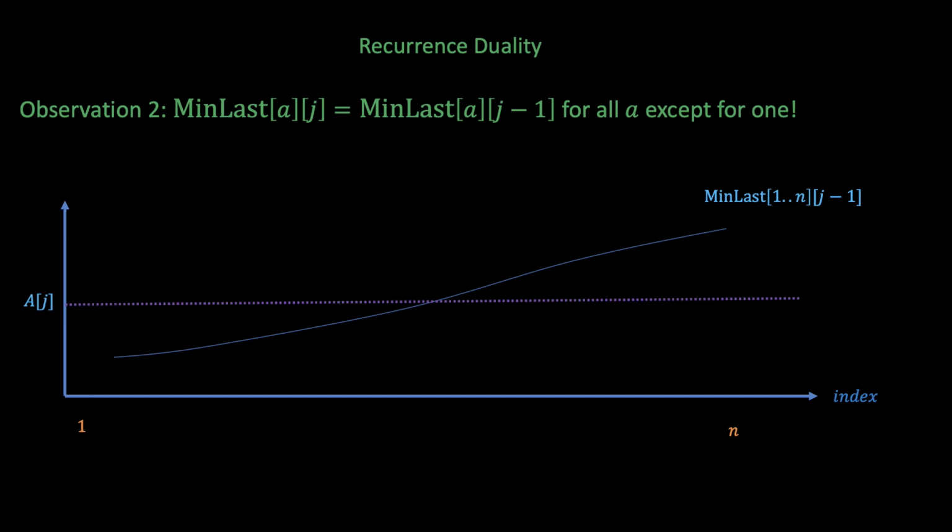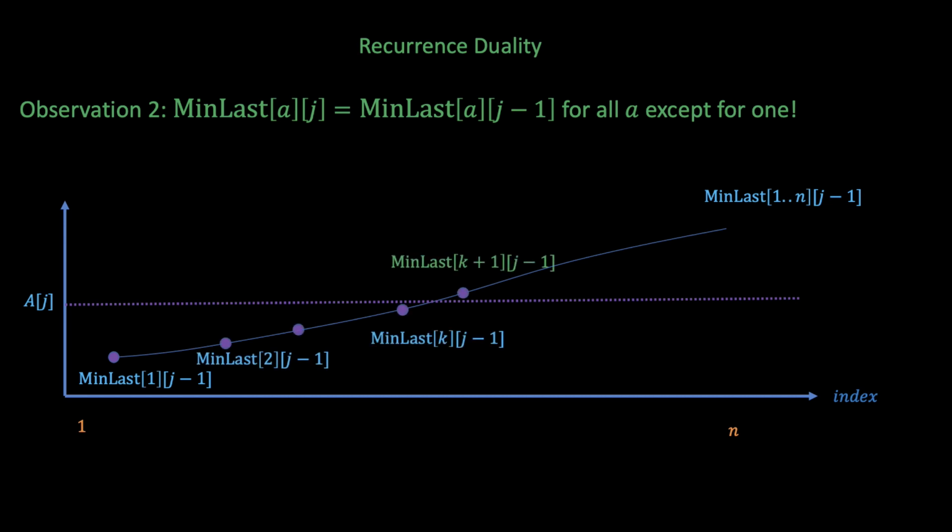So its values are min last 1, j minus 1, min last 2, j minus 1, and so on until min last n, j minus 1. As we argued earlier, this has to be monotonically increasing because it is a fixed column. Let k be the last index where min last k, j minus 1 is less than aj.